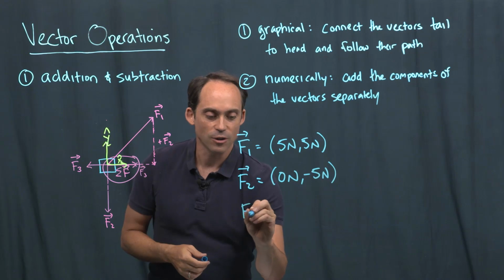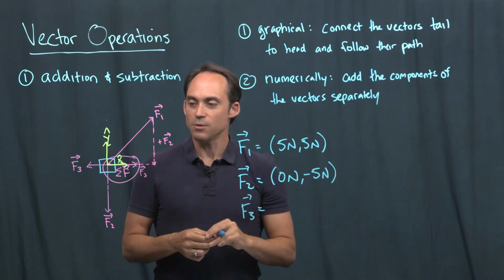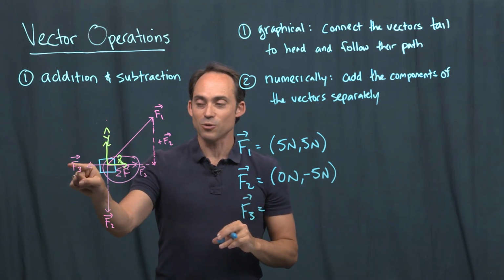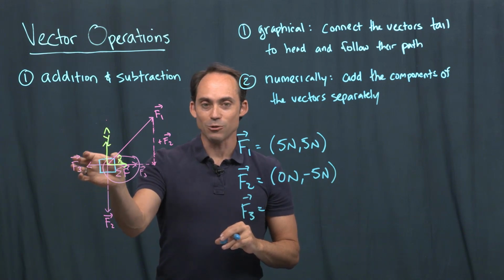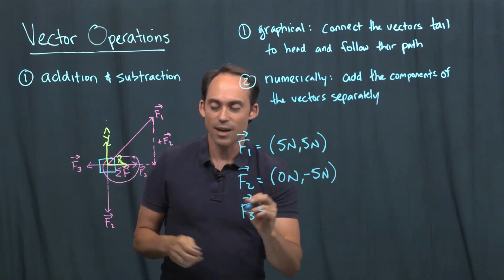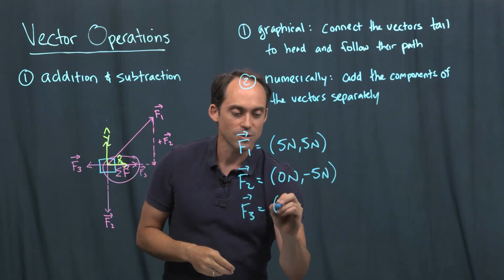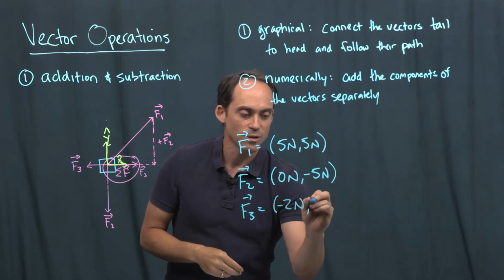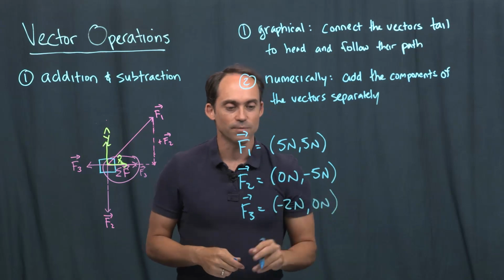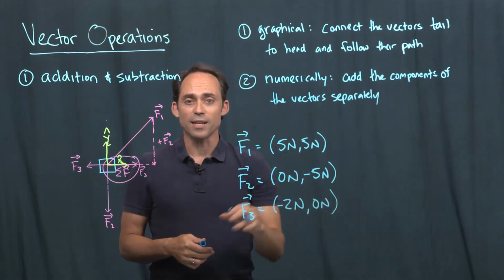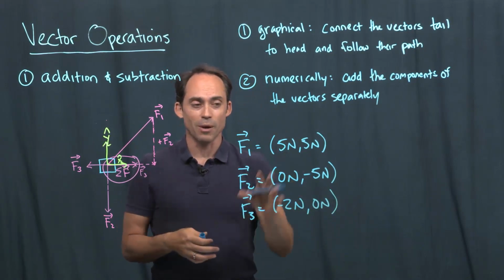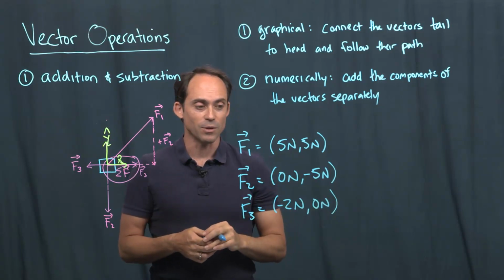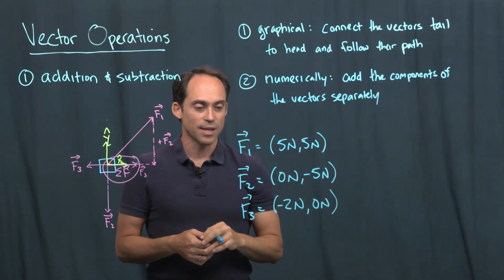Our third vector is pointing in the negative x direction, and it's about 2 newtons in length, and there's no extension on the y-axis, and so this is going to be (minus 2 newtons, 0 newtons). All right? So these are just our forces in the numerical, coordinate format, with these two numbers, x and y directions.